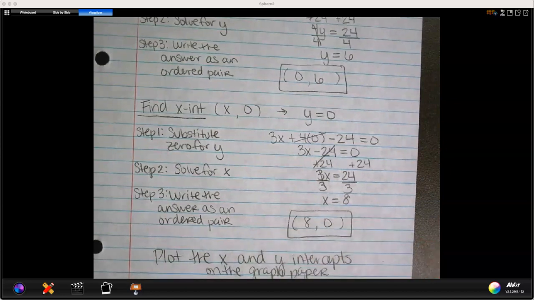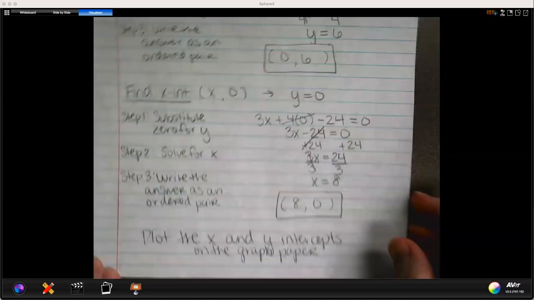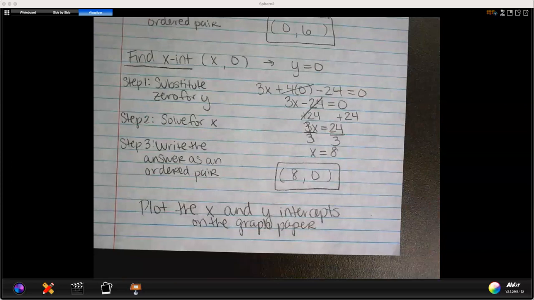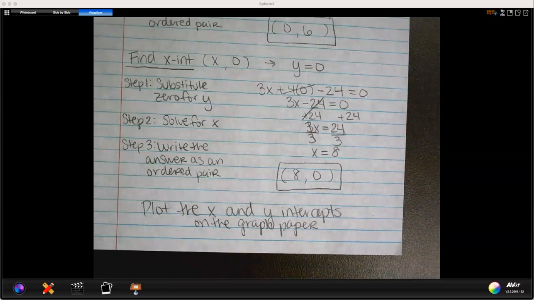So I'm going to plot the x and y intercepts over on my graph paper. Go ahead and get out your rulers.